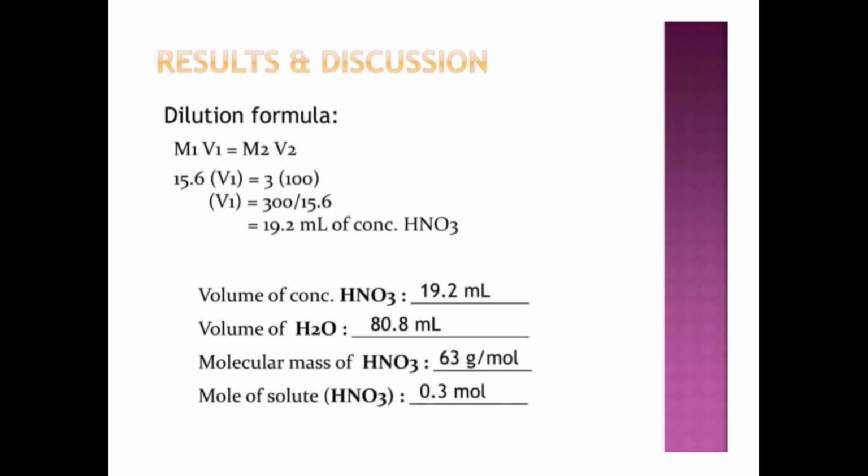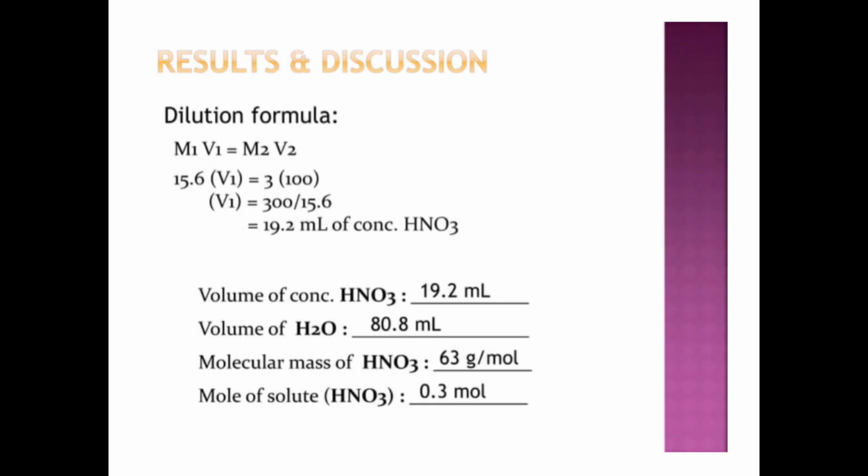So the M1 is 15.6, but the V1 is not known. The M2 is 3 and the V2 is 100. By the time you calculate it, you are going to have 90.2 ml of conc HNO3. 90.2 ml, ml is equivalent to centimeter cube.